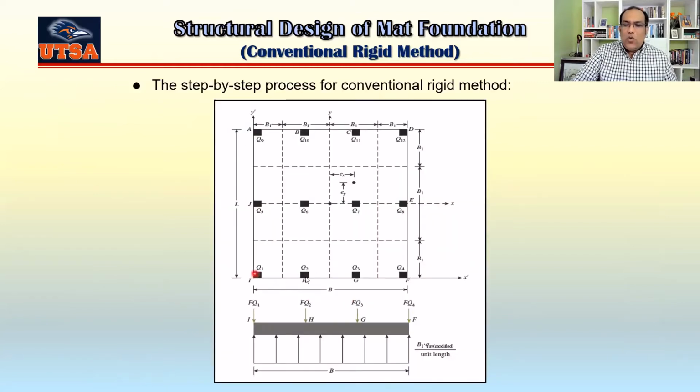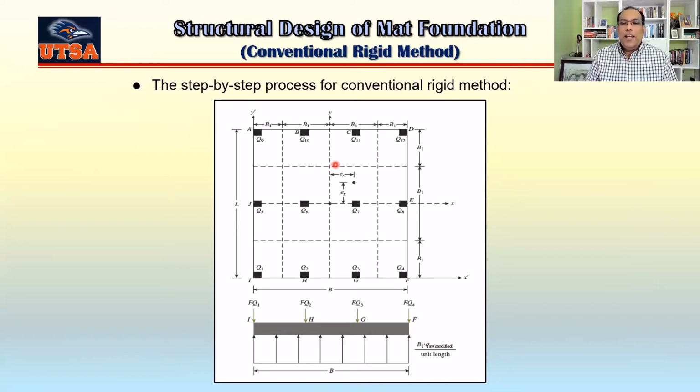You see that they took the X-axis here and Y-axis here, okay? But rather than using the X-axis and Y-axis there, I would prefer to put your X-axis and Y-axis in such a way that the origin would be at the center of the foundation, okay? I'll do that on the board.